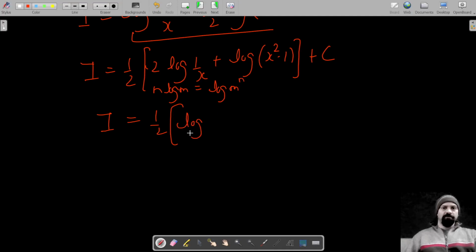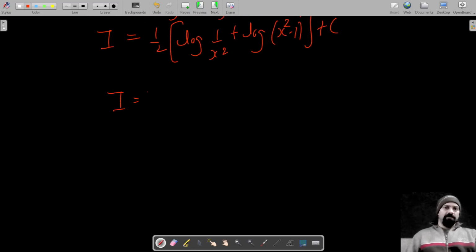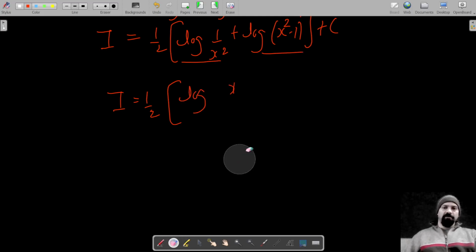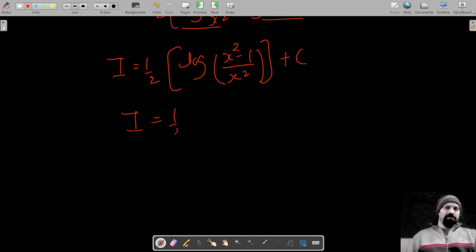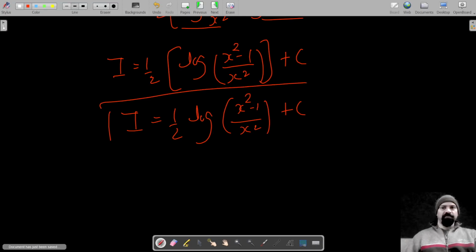So this becomes log 1 by x square plus log of x square minus 1 plus c. And this is log a plus log b, which is log a into b. So this is log of x square minus 1 upon x square plus c. So finally, the integration is half log of x squared minus 1 upon x squared plus c.